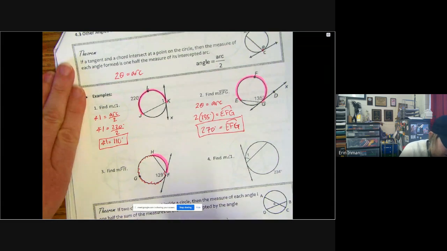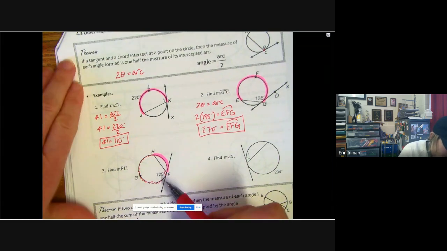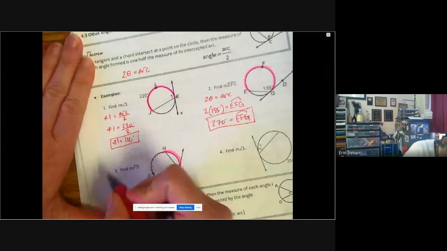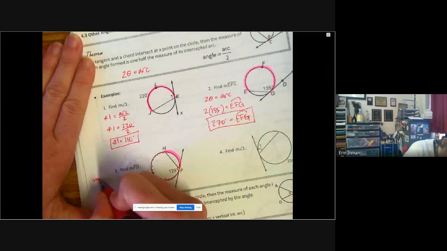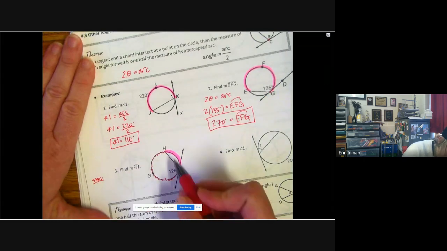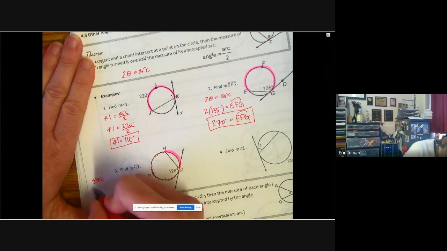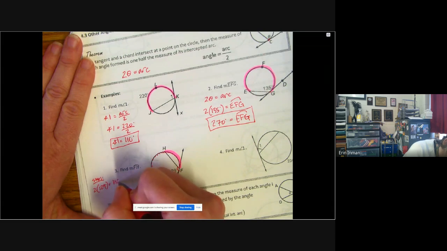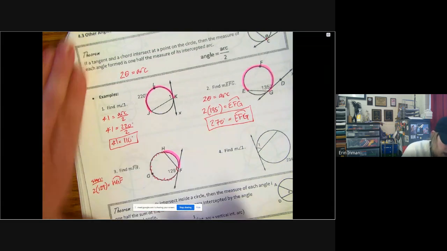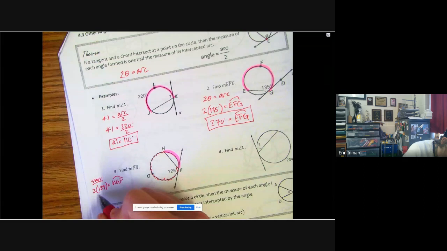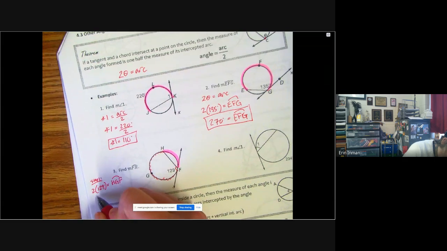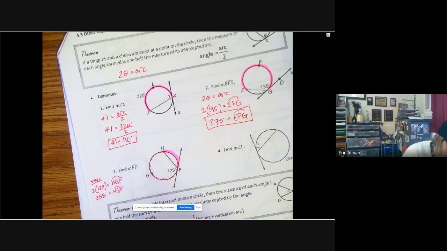I know that in step 1, I can find this arc, HGF. So we know that 2 times 129 degrees equals HGF, and 2 times 129 is 258 degrees.